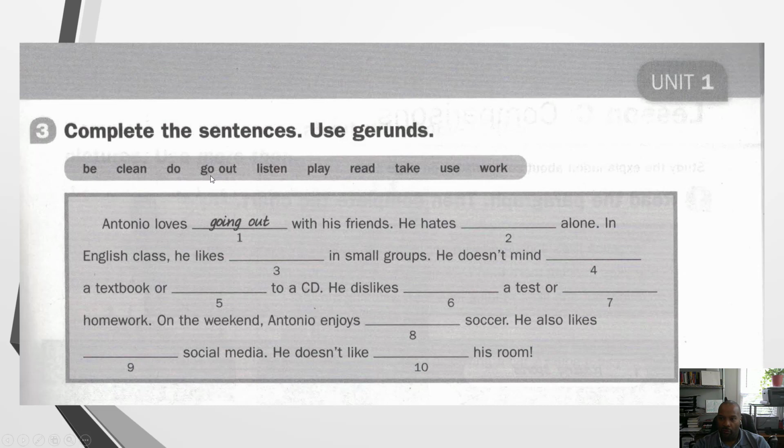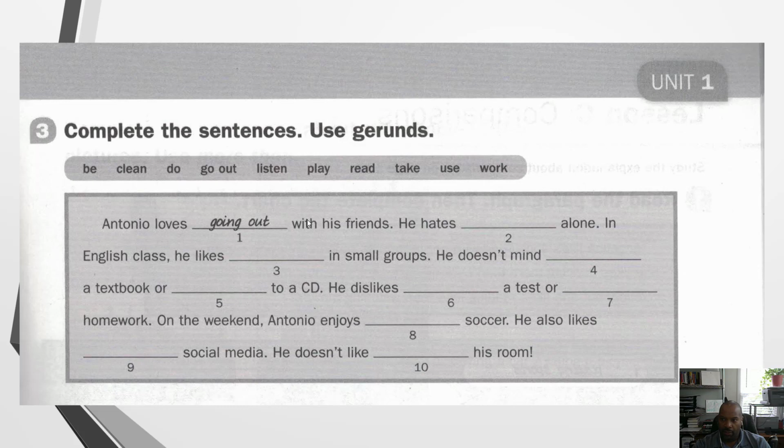We took the verb phrase go out and we turned it into a gerund phrase, going out. Let's take some time to finish these, and we will come back and I'll show you what I got and we'll match it up. Pause the video and finish the rest of these.